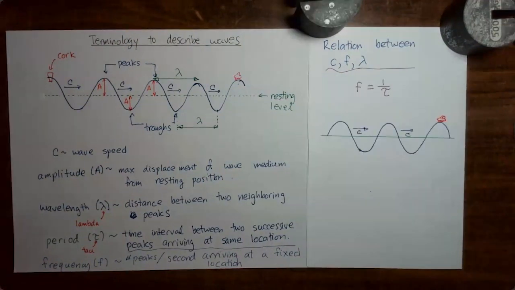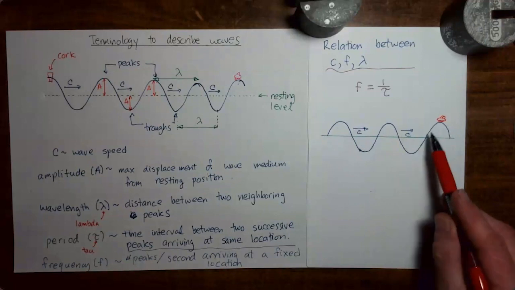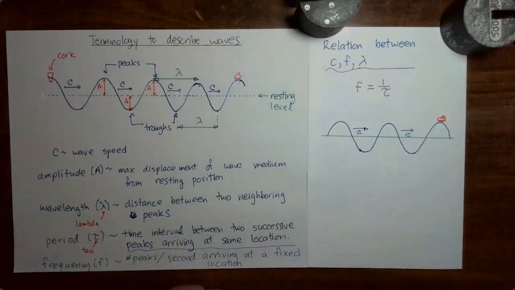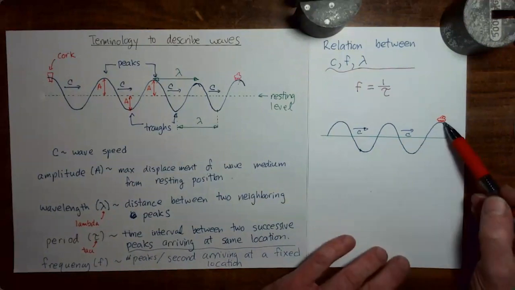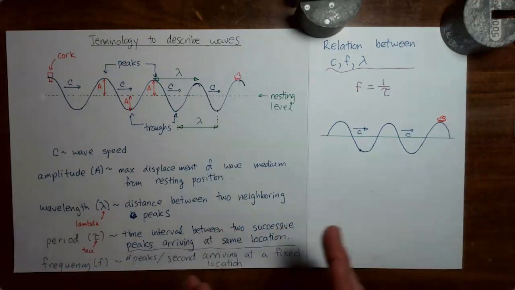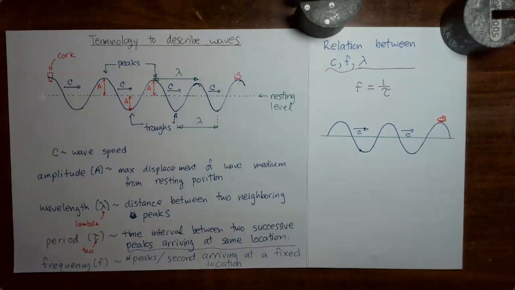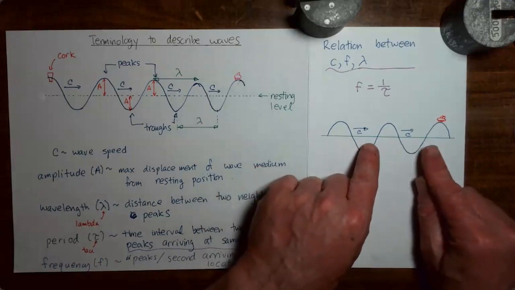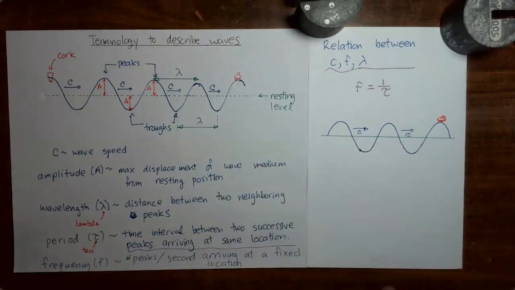So let's say again that we have a wave, a pattern of peaks and troughs propagating along the surface of a lake. And again, let's say that we have an insect sitting here on top of the water so that the insect goes up and down as the pattern of peaks and troughs pass by. So we're going to say that the peaks and troughs in this figure are propagating along at speed c.